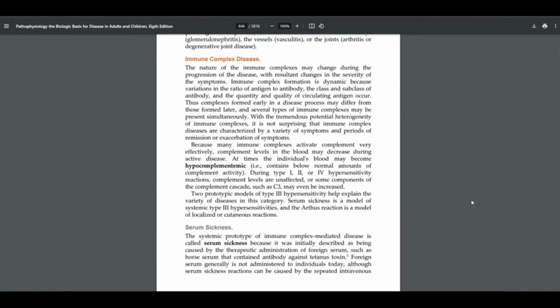The nature of the immune complexes may change during the progression of the disease, with resultant changes in the severity of the symptoms. Immune complex formation is dynamic because variations in the ratio of antigen to antibody, the class and subclass of antibody, and the quantity and quality of circulating antigen occur. Thus, complexes formed early in a disease process may differ from those formed later.